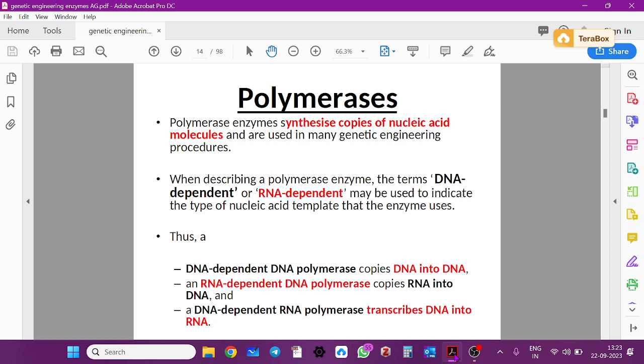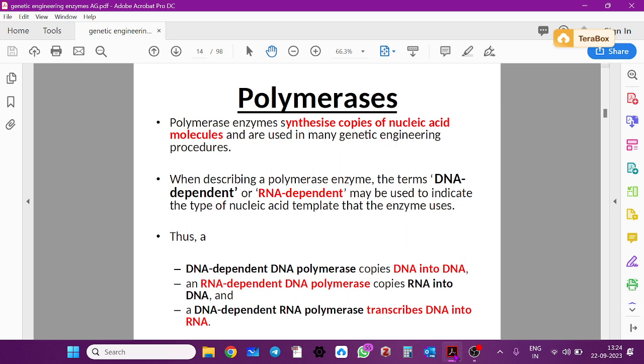For example, if you write 5 prime A, T, T, C, T, A, G, C, T, A, the forward is 5 prime to 3 prime, the reverse will be 3 prime to 5 prime, and complementary means opposite to C comes G, opposite to A comes T. So this is reverse complementary.